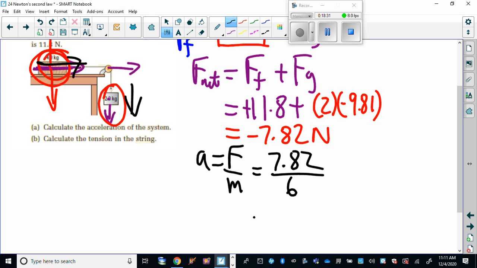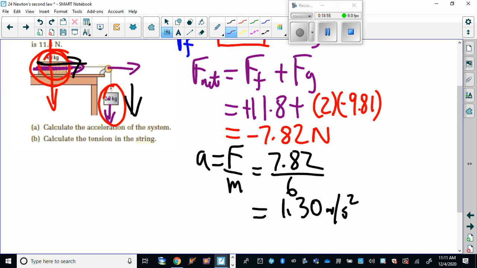So that's going to be 6. We divide those by 6, we get negative 1.30 meters per second squared is the answer to that question. And you don't really need the direction because it says determine the acceleration of the system.